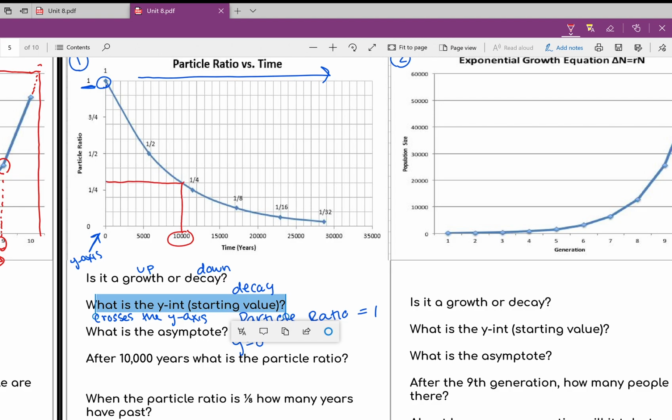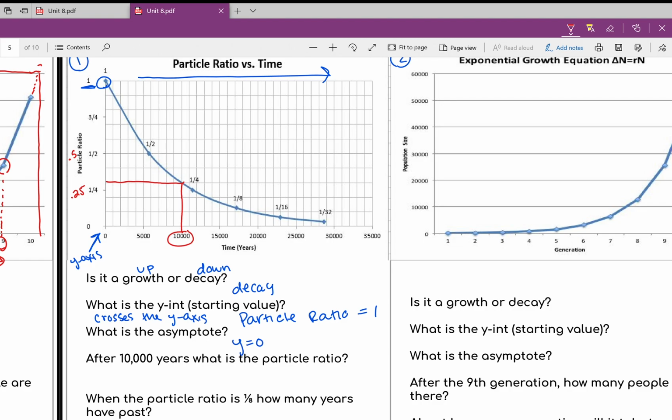Let's put a guesstimate out there. We know that this 1/4 here is 0.25 and this 1/2 here is 0.5. So it's a little above 0.25. I would say maybe 0.3, which is 1/3.